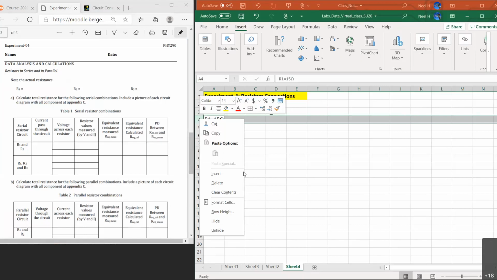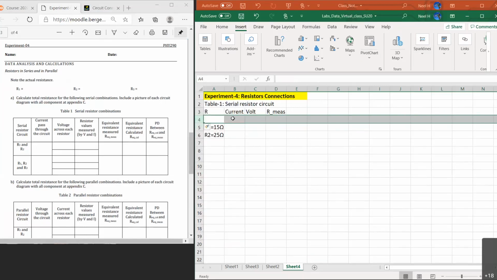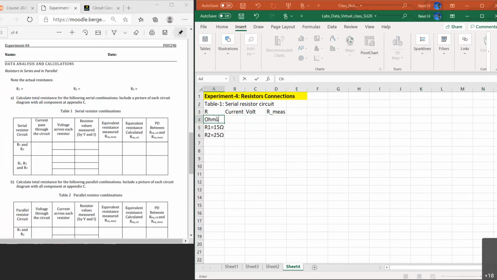So I'm going to keep another layer here to represent the units. This unit is going to be ohms, the current is going to be in amps, the voltage in volts, and R measured is going to be in ohms again.